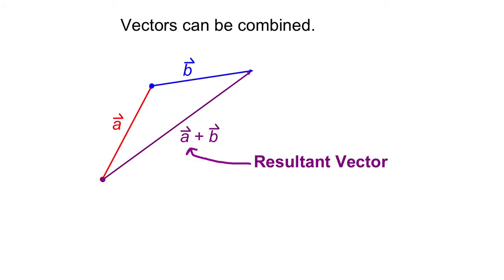But first, some terminology. So the idea here is that vectors can be combined. So if I have vector A and vector B, and I add them together, the resultant vector is what I get. Okay, so when I say resultant vector, it's what you get after you add those vectors together.